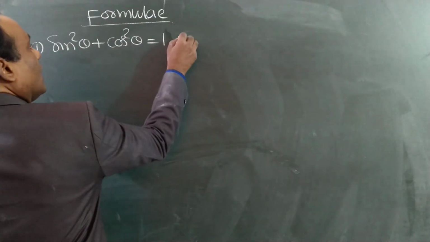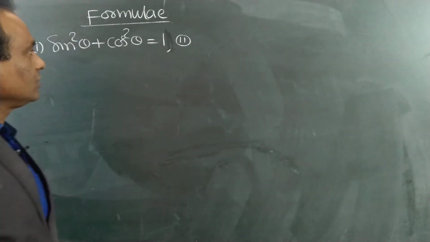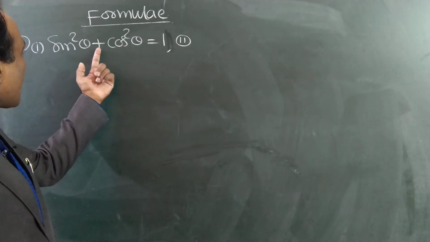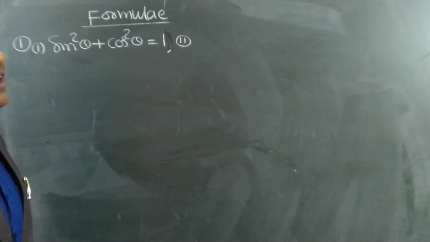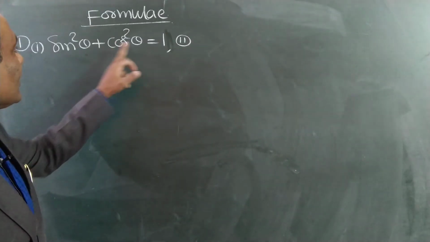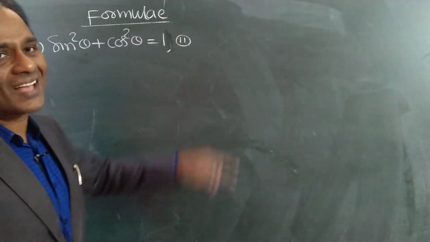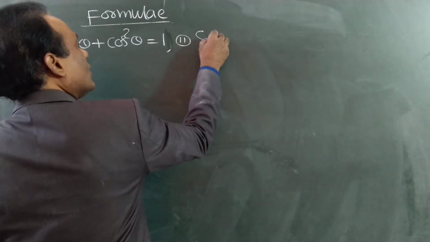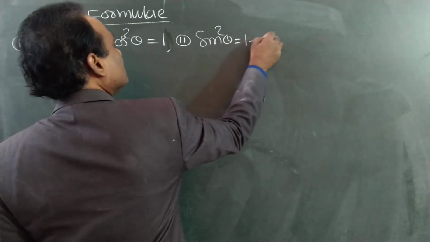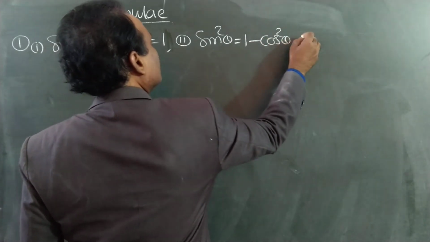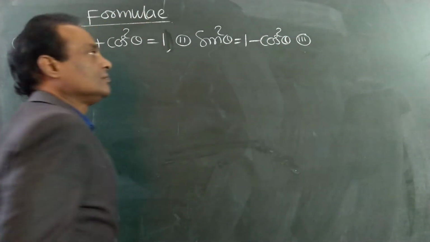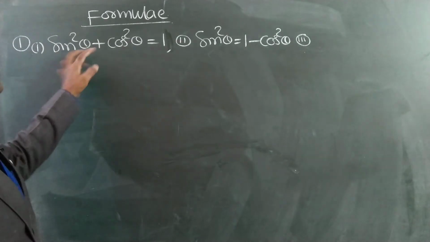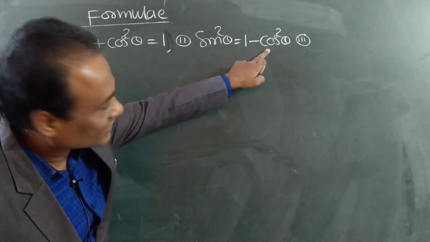Same formula we can write. Take cos square to the right side. What does it become? Sin square is equal to 1 minus cos square.